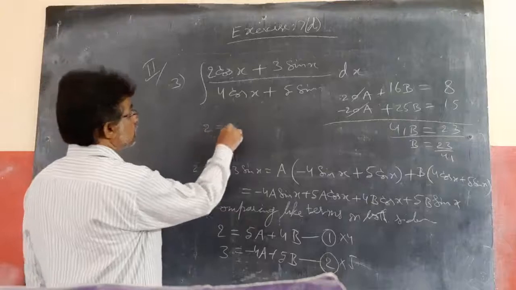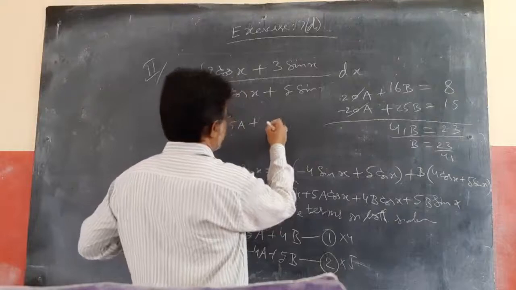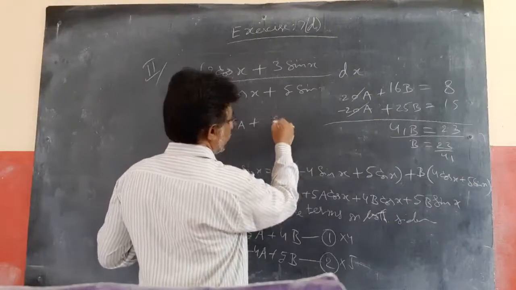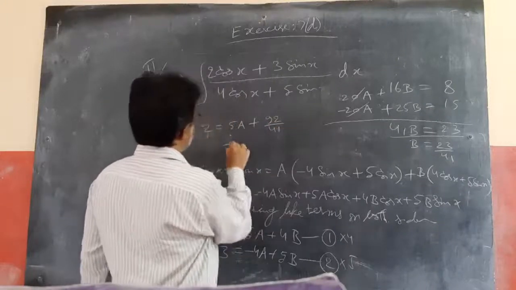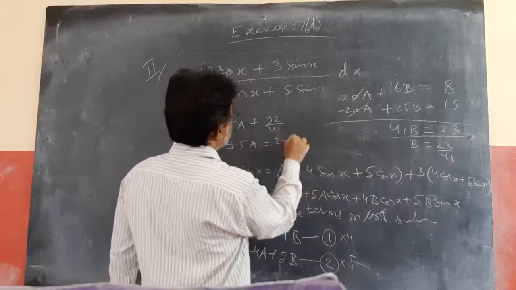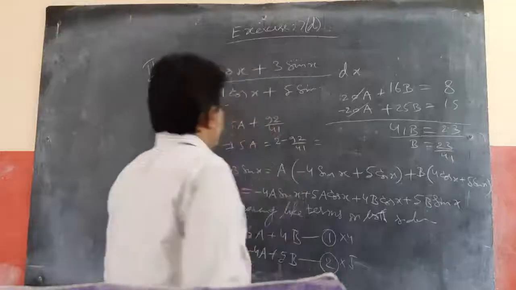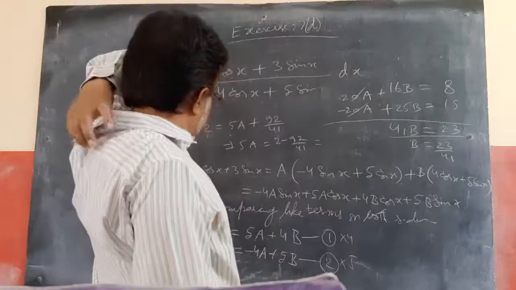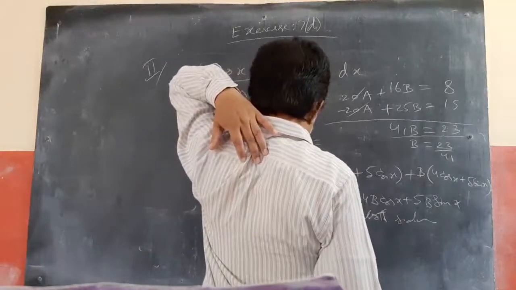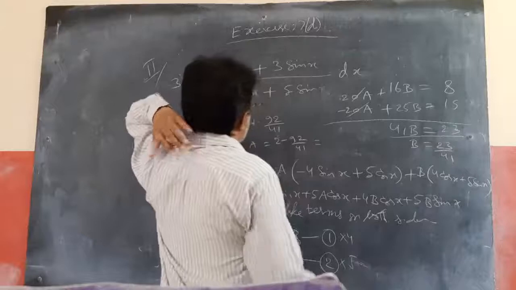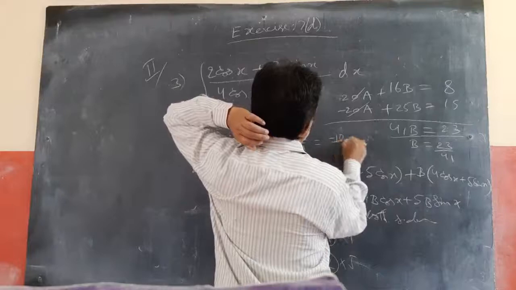So 2 equals 5a plus 4b, 4 into 23 is 92 by 41. So 5a equals 2 minus 92 by 41, with 41 as the LCM. So this is 41 into 2, 82, minus 92. Calculation part, take care, I can make mistakes also. 82 minus 92 means minus 10 by 41.